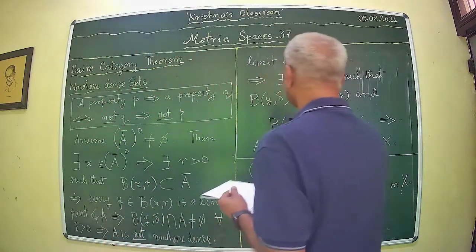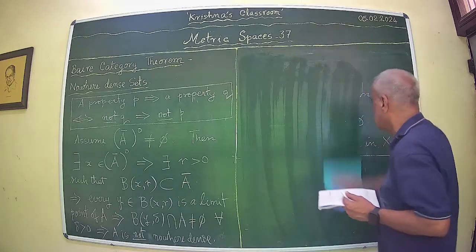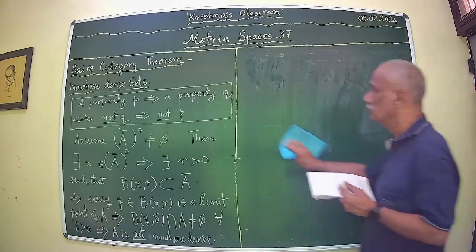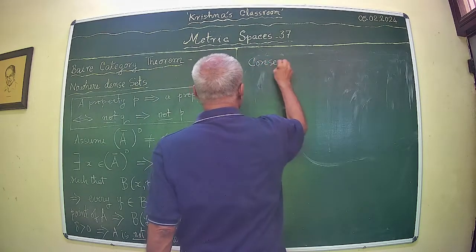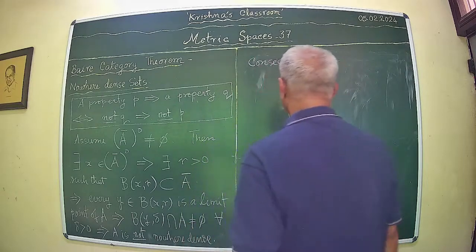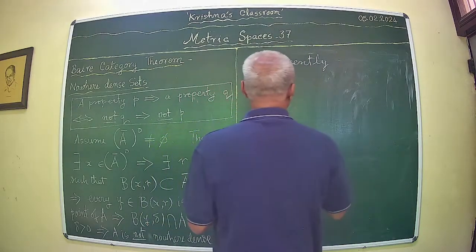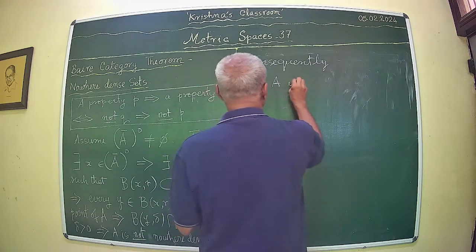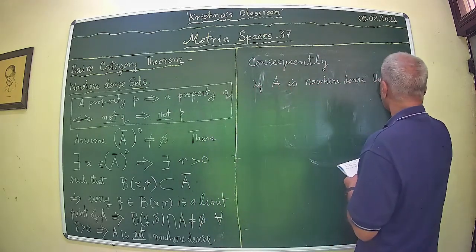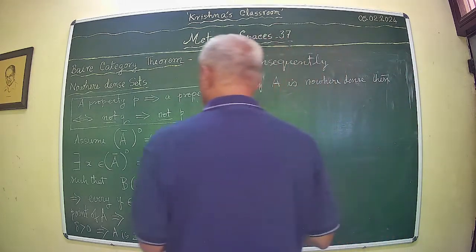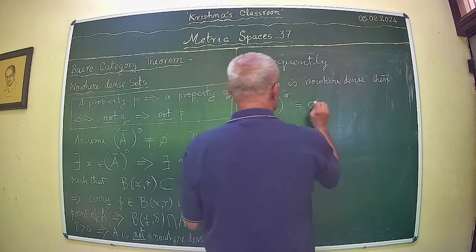So the interpretation is that consequently, by the contrapositive argument that we have said, if A is nowhere dense, then A closure interior is empty. That completes the combination.